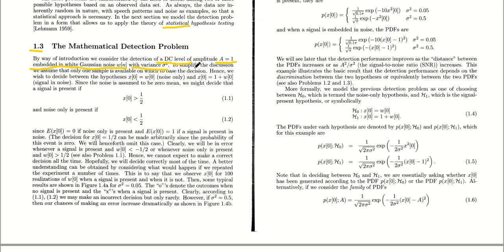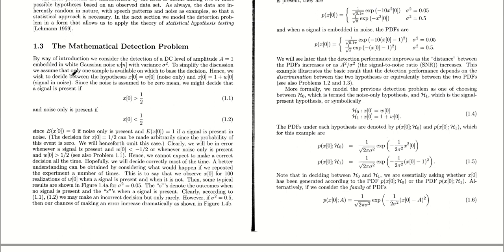To simplify the discussion, let me eliminate that so that it's easier to see. Okay, so it's A equal to 1 embedded in white Gaussian noise with variance sigma square.